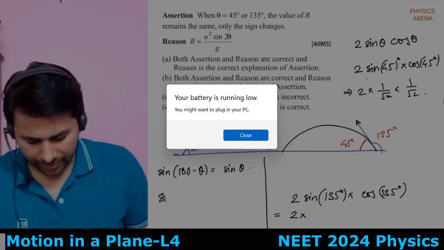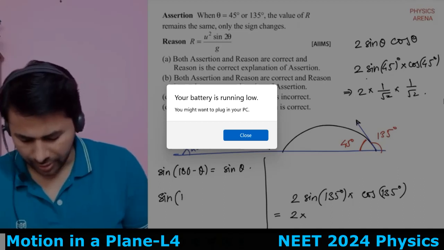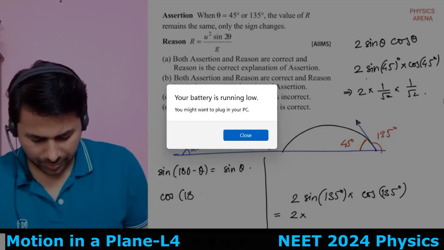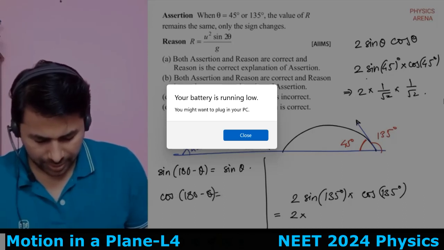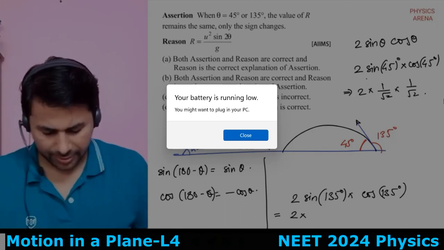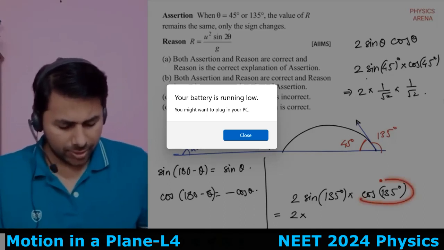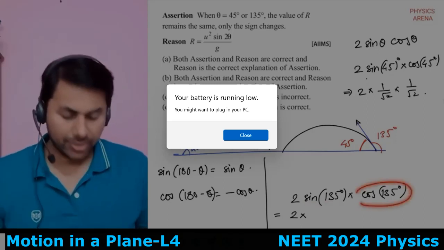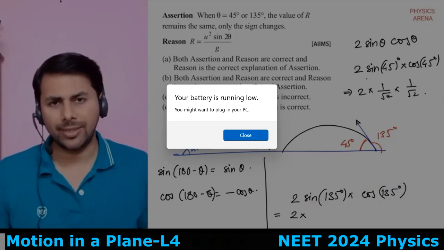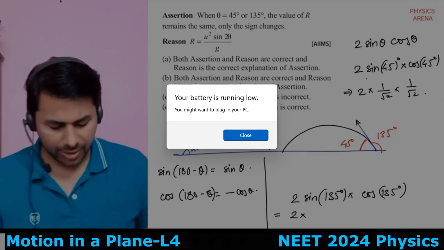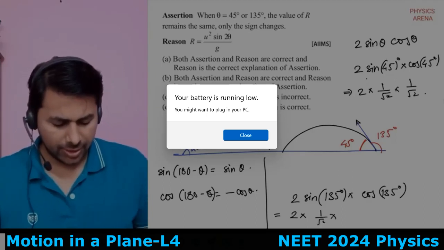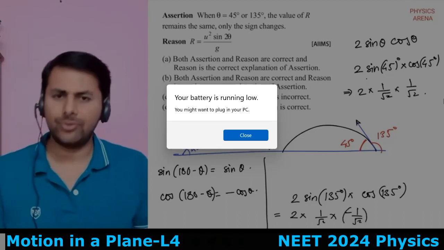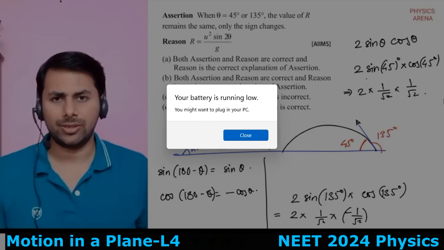And cos of 180 minus theta is equal to minus cos of theta. So sine of 135 will be sine of 45, and cos of 135 will be equal to minus of cos of 45. So this is 1 upon root 2. This is minus 1 upon root 2. Okay. So magnitude will be equal. The direction will be opposite.